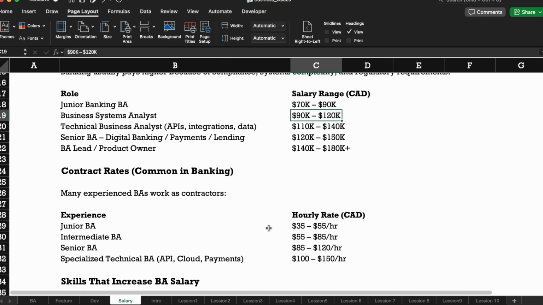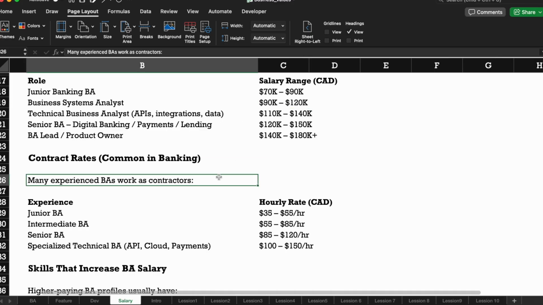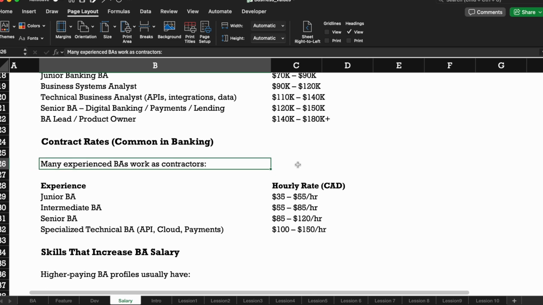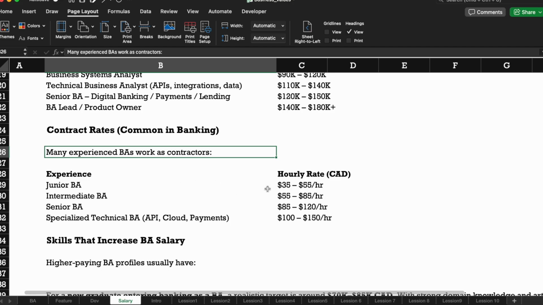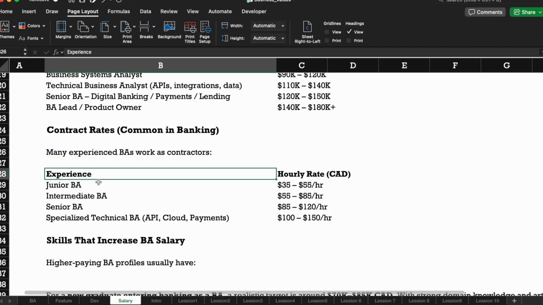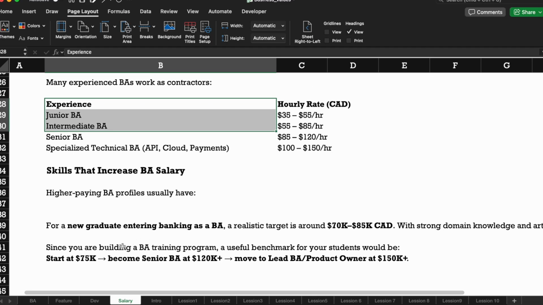Okay, and if you are a contractor, so banks hire contingent workers, a lot of contract projects. So the agency will ask what hourly rate you are expecting. If you are a business analyst, I would say the three categories we are talking about, right?